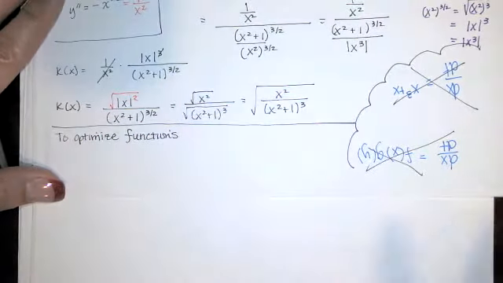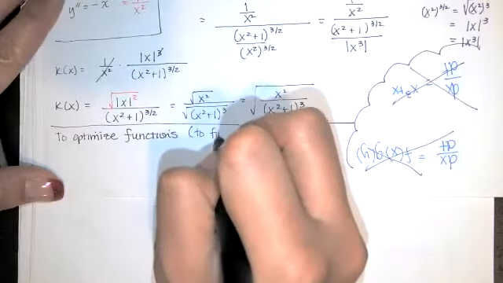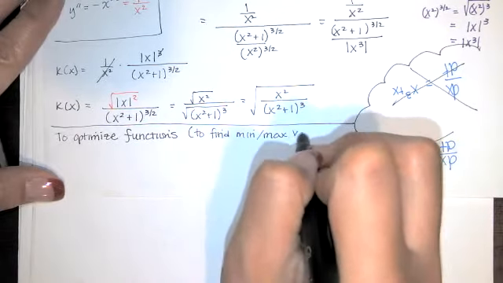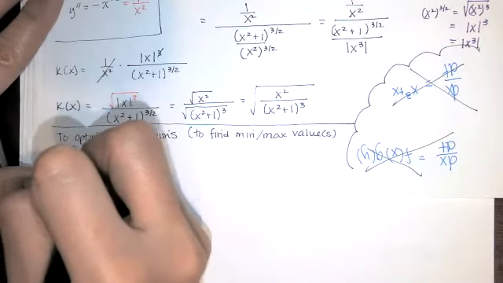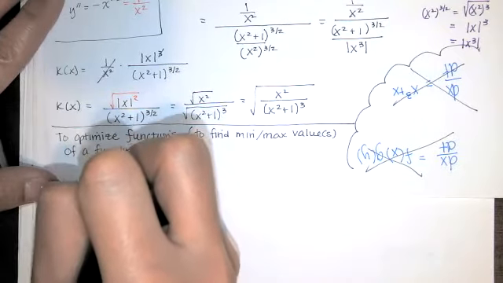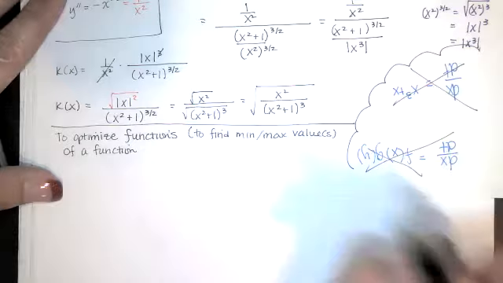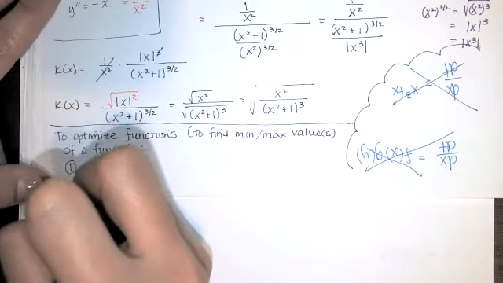Optimize means to find the optimal value of a function or to find the minimum or maximum value of the function. First thing we do is we find out where the derivative is 0 or where the derivative is undefined. We call those critical points.